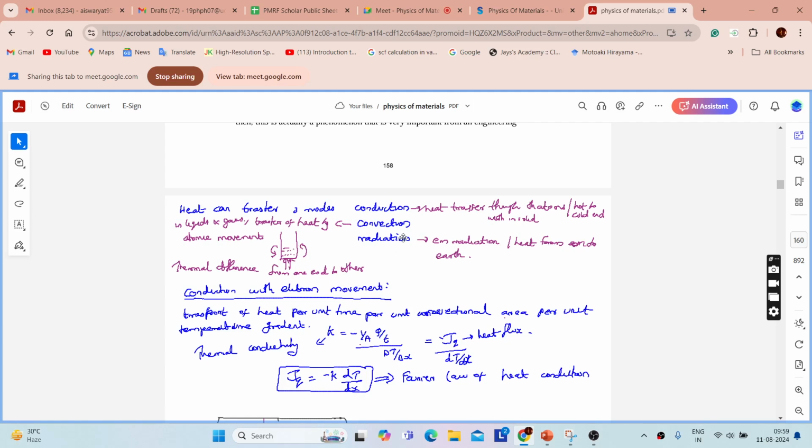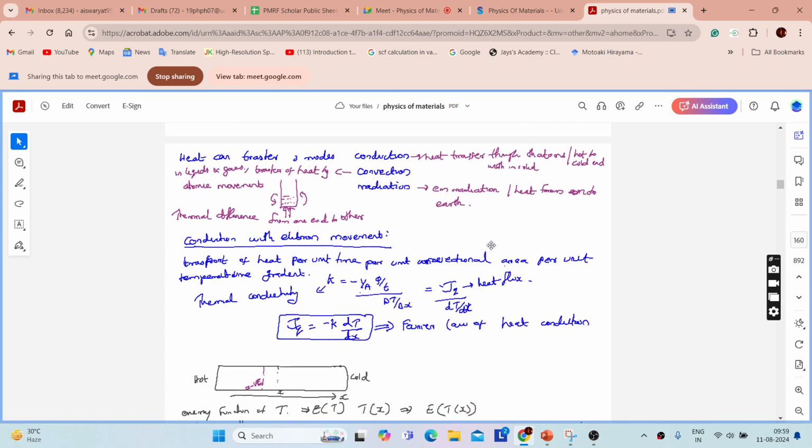Okay, and radiation is nothing but electromagnetic radiation, like heat from the sun to the earth, that same thing.